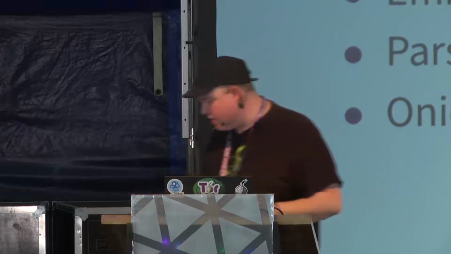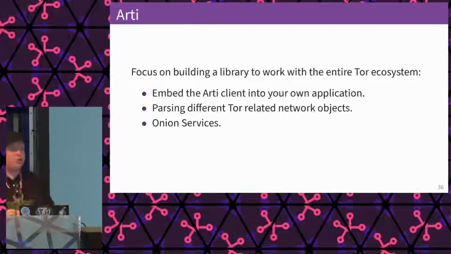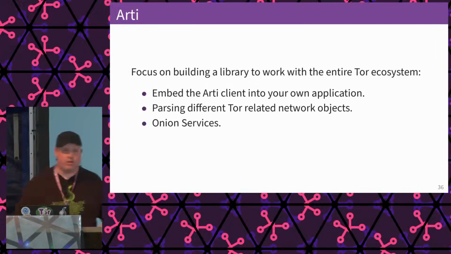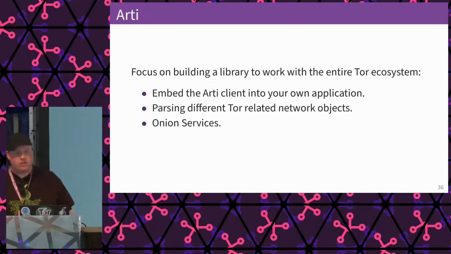With Tor as it is today, it's a very classic Unix architecture where you have a single binary that does multiple things. It's both a client, it can act like a relay, it can act like a directory authority, that there's only 10 of, running in production, right? It's also an onion service client and all these different kinds of things.